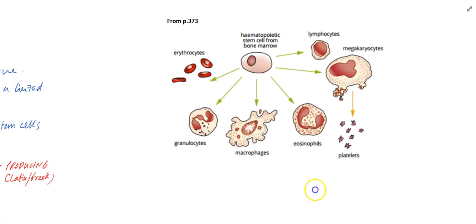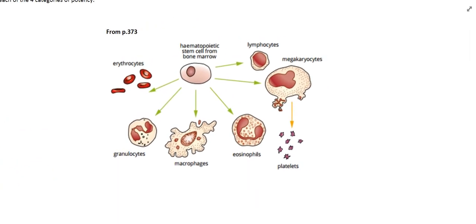So we've got this diagram over here from your textbook from page 373. This hematopoietic stem cell here can differentiate into a limited range of cells. So it can't differentiate into any kind of cell that you'd find in your body, but only the cells that you would find in your blood.